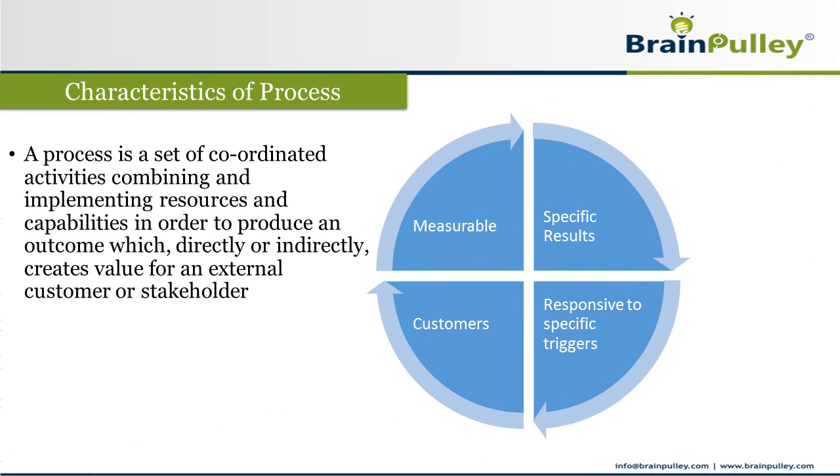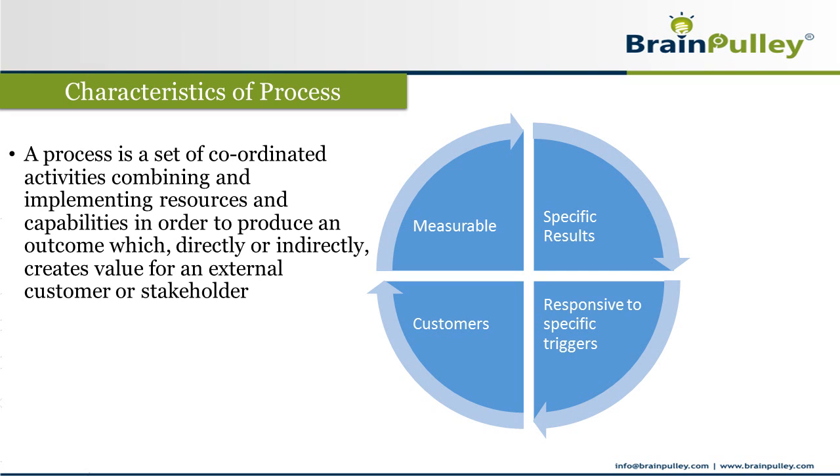Now we already know the definition of a process: a set of coordinated activities combining and implementing resources and capabilities in order to produce an outcome which directly or indirectly creates value for an external customer or stakeholders. Processes define actions, dependencies, and sequence.